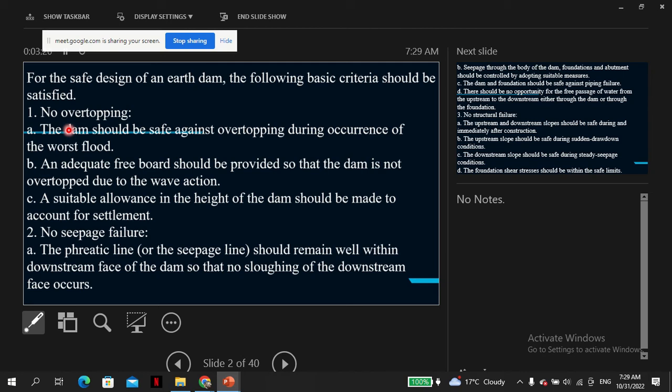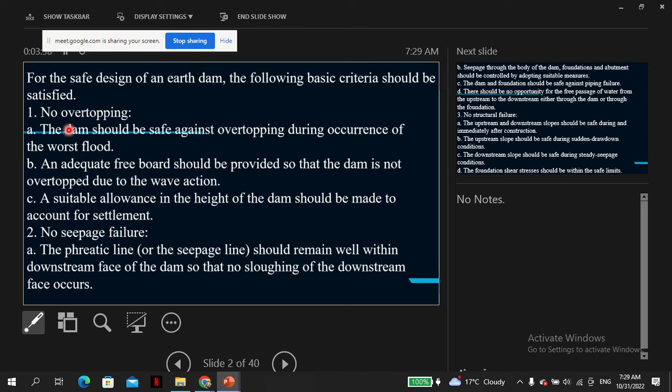Then C, a suitable allowance in the height of the dam should be made to account for settlement. Of course, we are dealing with soil, and there will be settlement, ipso facto.